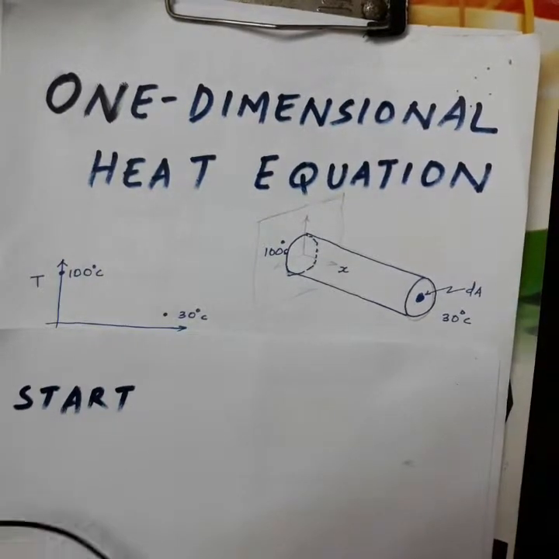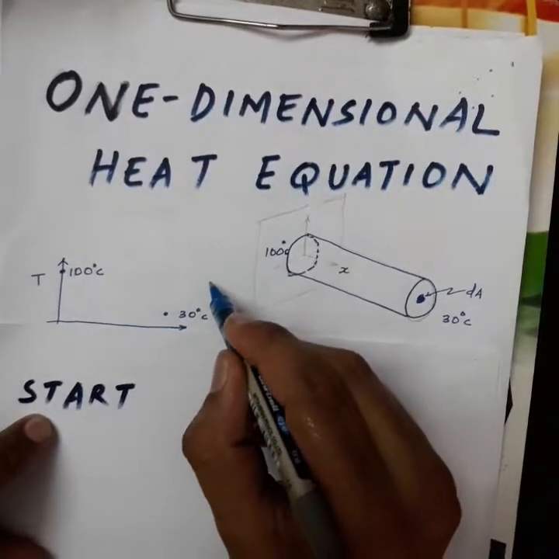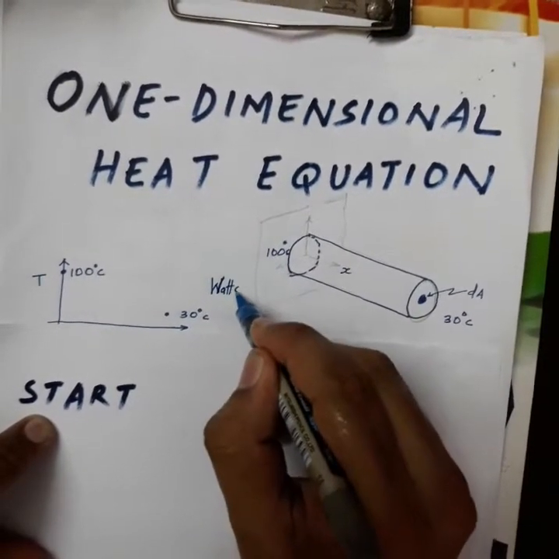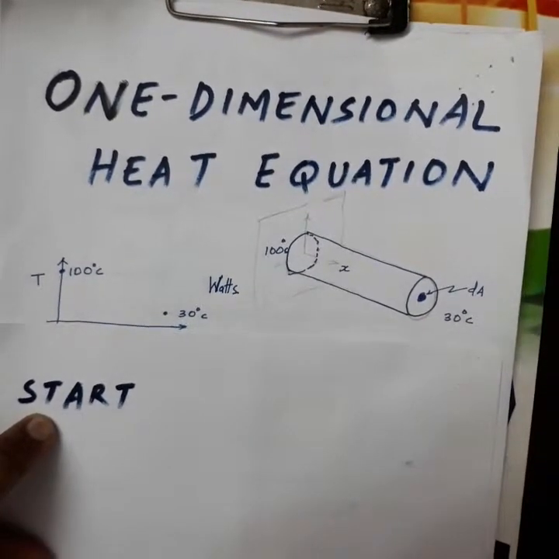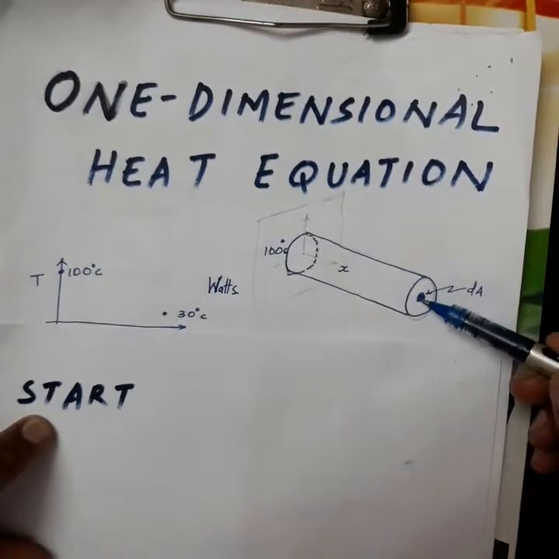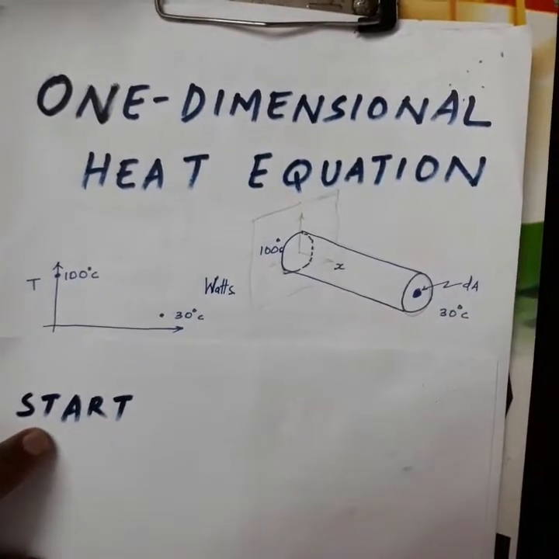We are interested in the rate at which energy is flowing, so the rate of energy will be watts. So we are interested in the watts: how much heat energy is getting transmitted at this particular area.